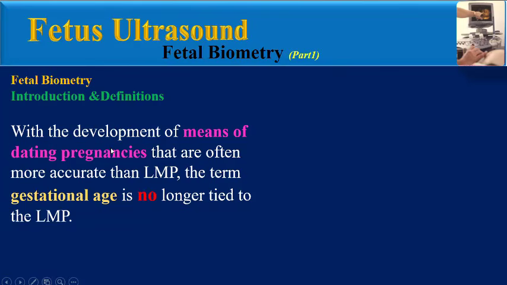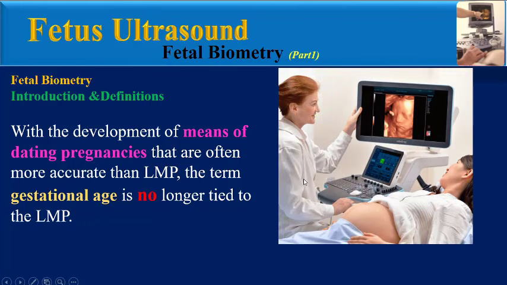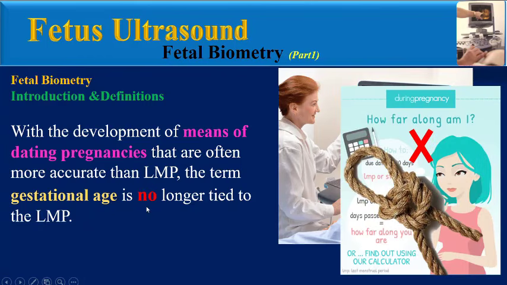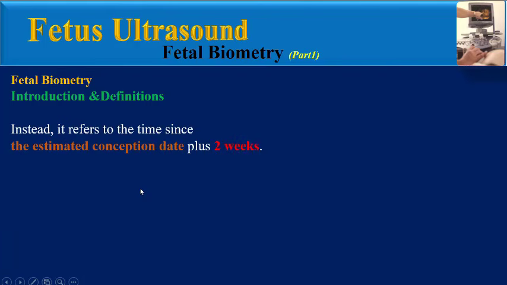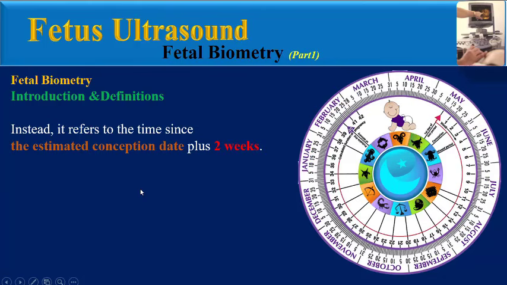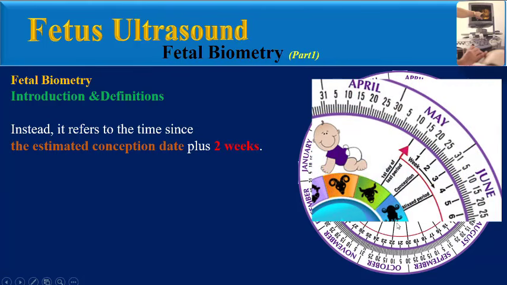With the development of means of dating pregnancies that are often more accurate than LMP, the term gestational age is no longer tied to the LMP. Instead, it refers to the time since the estimated conception date plus 2 weeks.